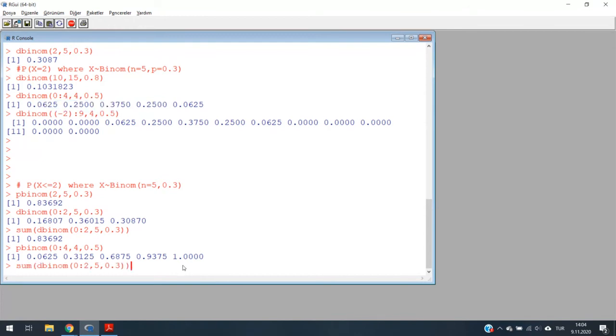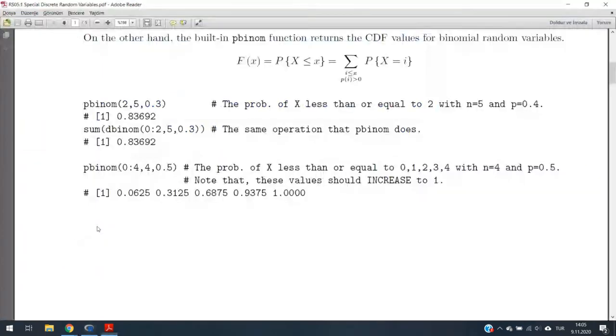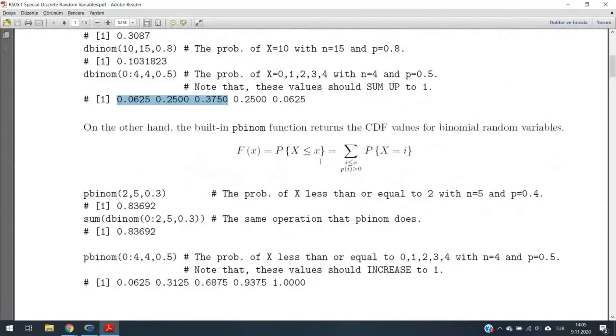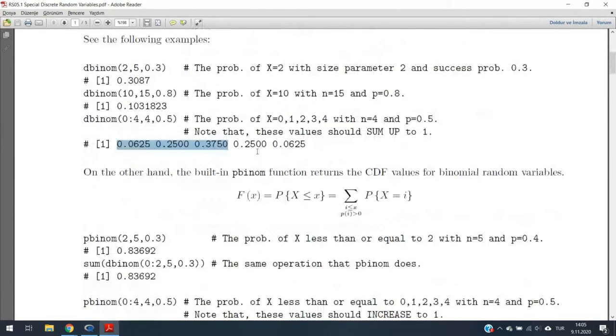Now, if you use the dbinom function together with the cumulative sum function, the vector's cumulative sum will be calculated, which is exactly the same as the pbinom function. So the pbinom function calculates the less than or equal to probabilities for binomial random variables, and the dbinom function calculates the exact probabilities for each of these values.